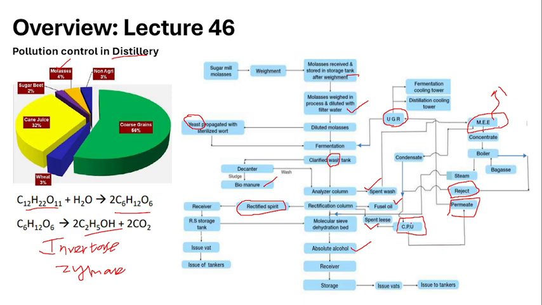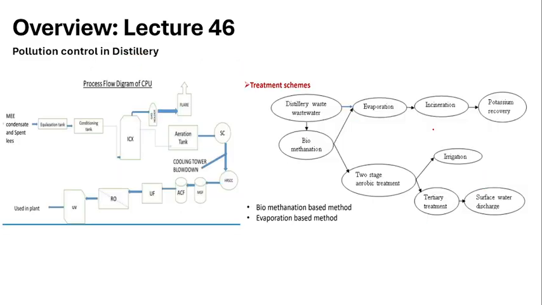Each and every waste stream is going to be high in COD and BOD values, and to some extent some suspended solids will also be present. The treatment of these waste streams is very important before discharging into surface water. This is where pollution control comes into the picture in the distillery industry.